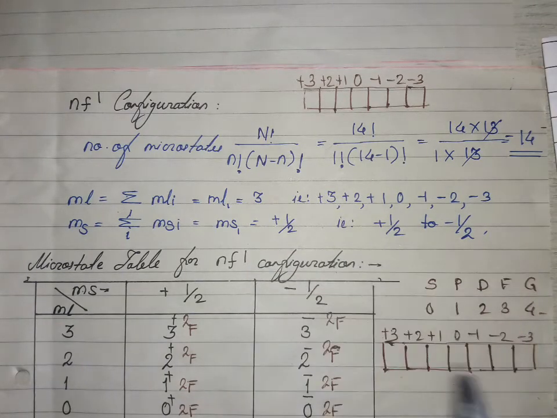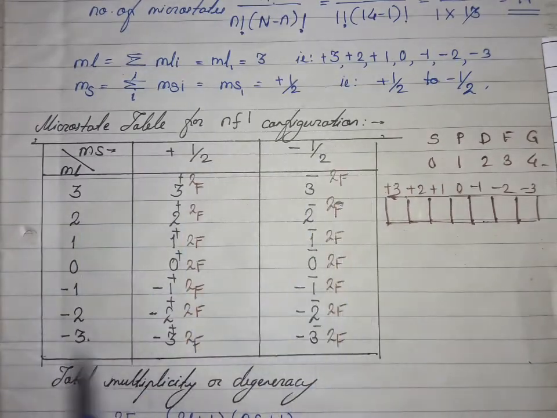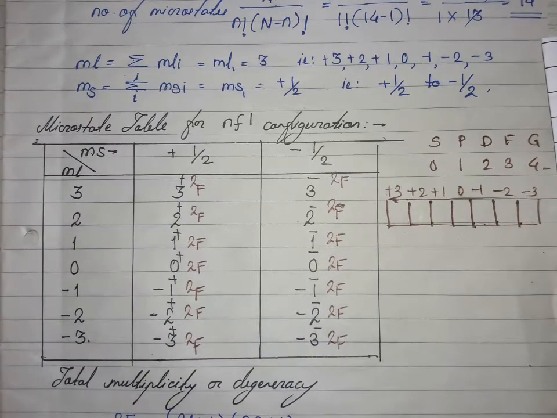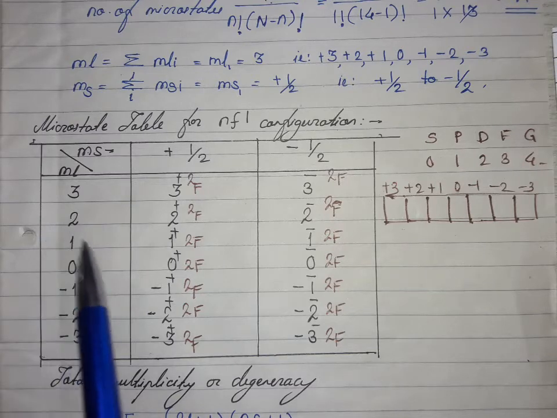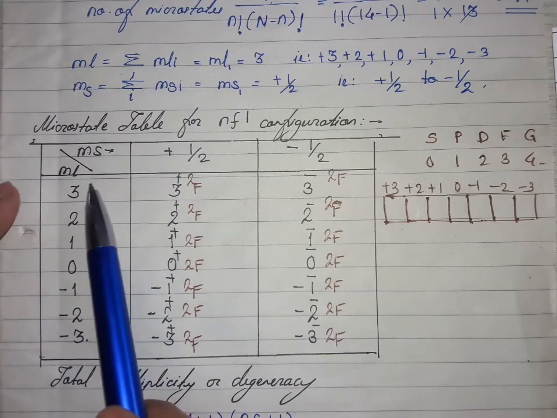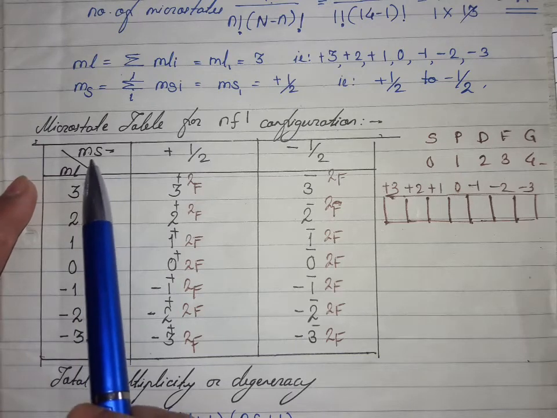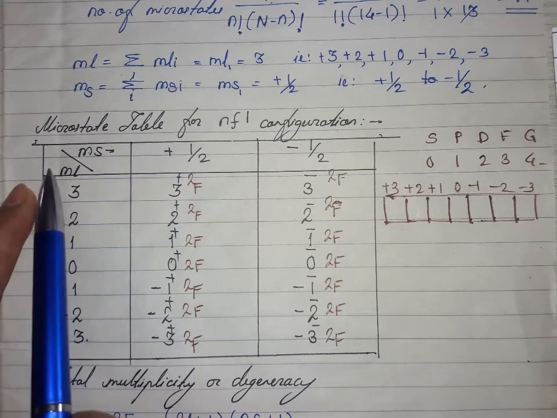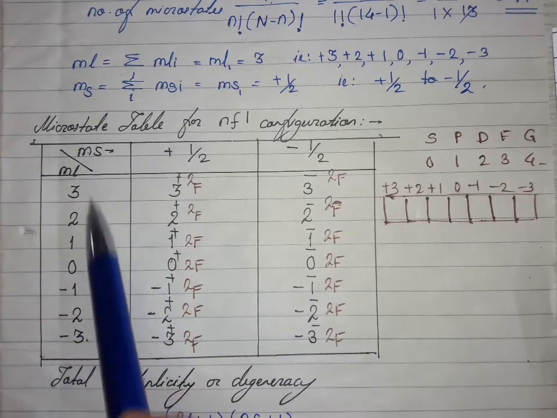Now our next task is to draw the microstate table, here for the f1 configuration. We can draw the microstate table and fill the MS values in the horizontal row and the ML values in the vertical column.